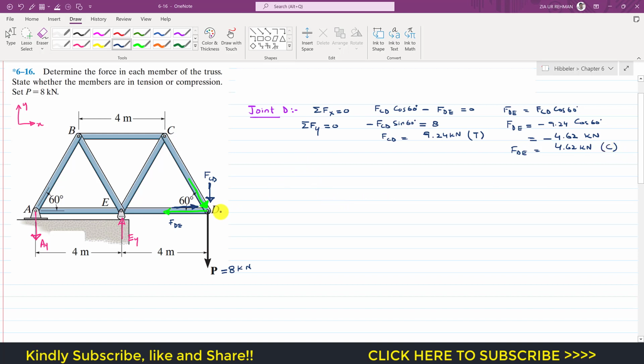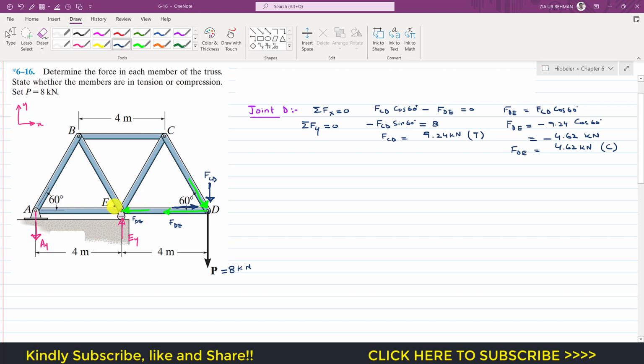So now we can solve this joint C. We cannot solve this joint E since at joint E we only know this FDE, and the FDE force is compressive, so it will be acting towards this joint E. This is that FDE, its magnitude is 4.62.